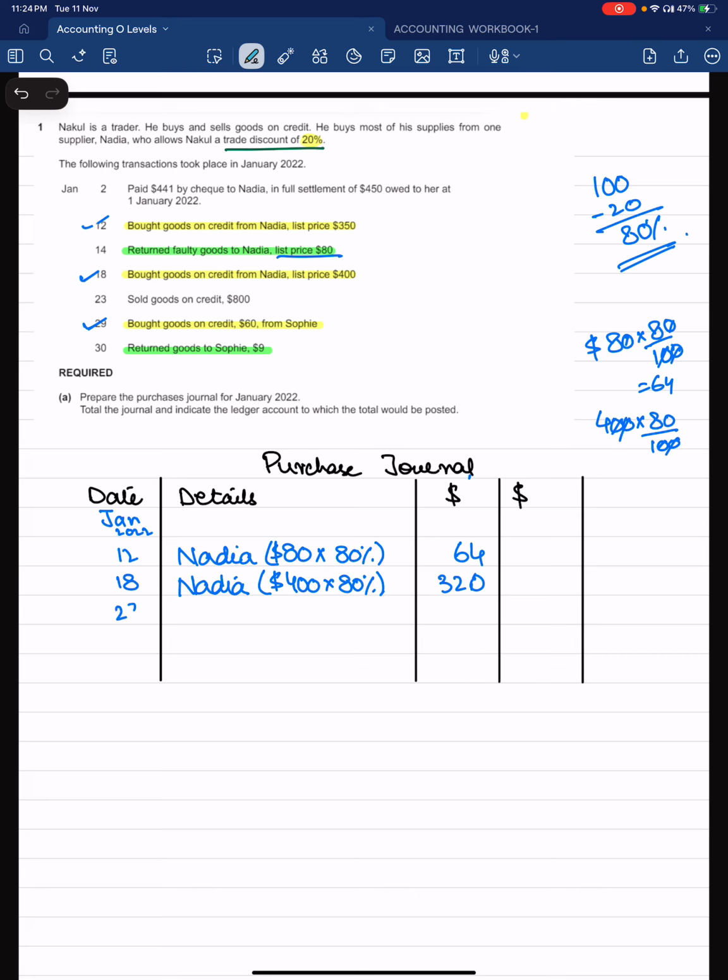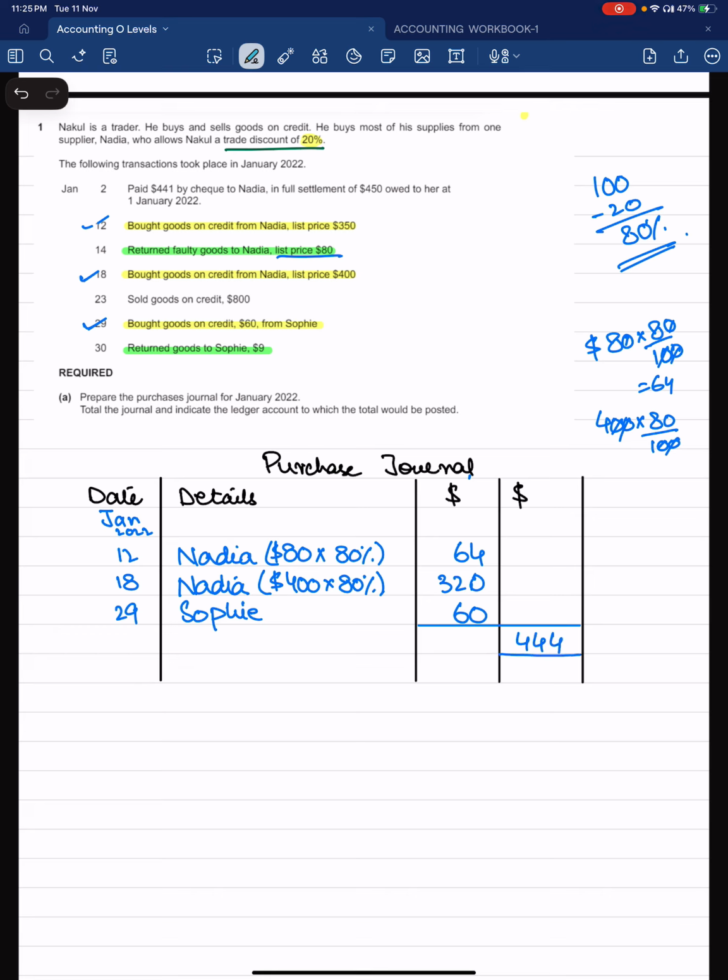Then on 29th, we have purchased goods from Sophie on credit, and there is no word of list price. It means that there is no involvement of trade discount. Now we have three values, 64 plus 320 plus 60. It is found to be 444. ठीक है.